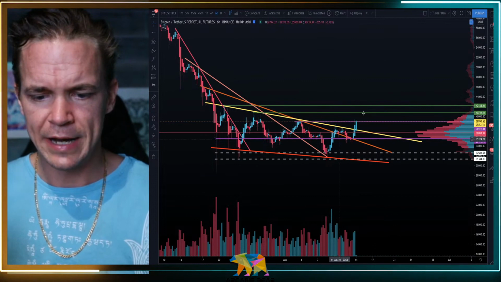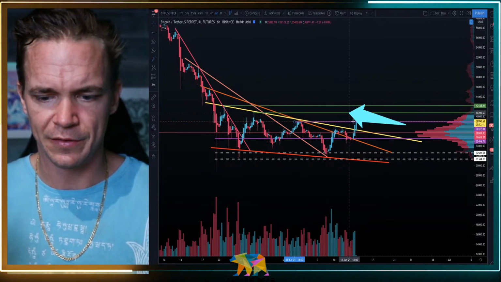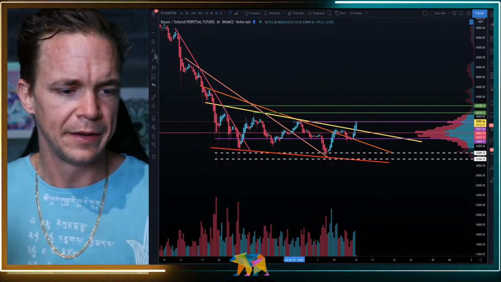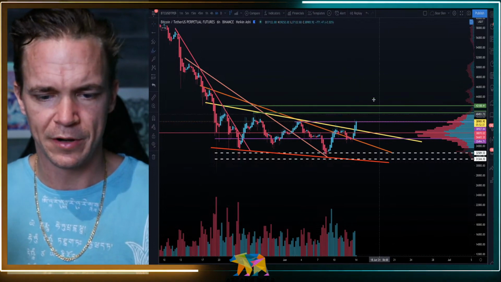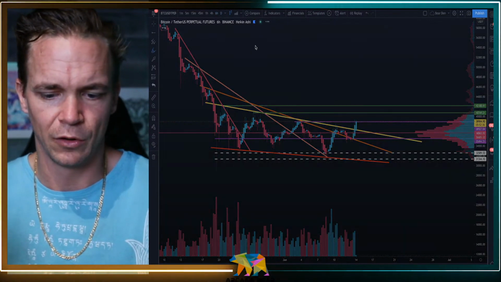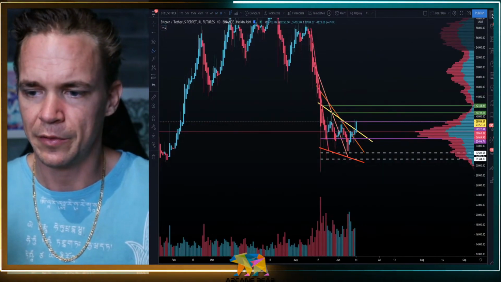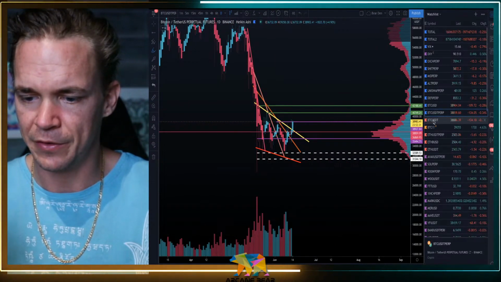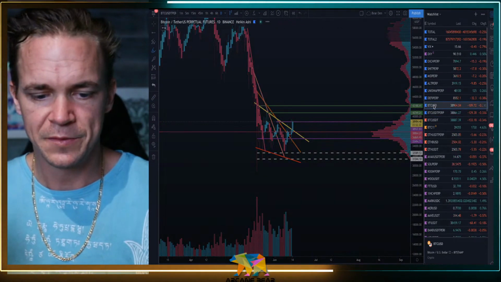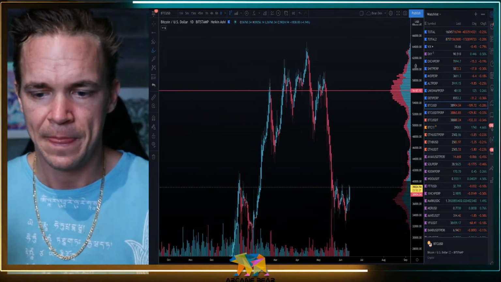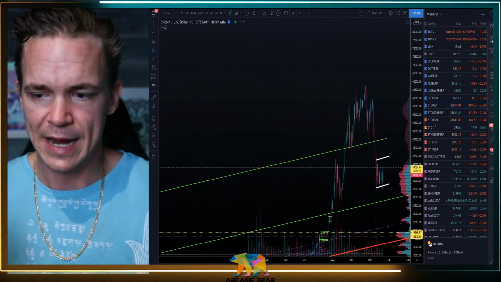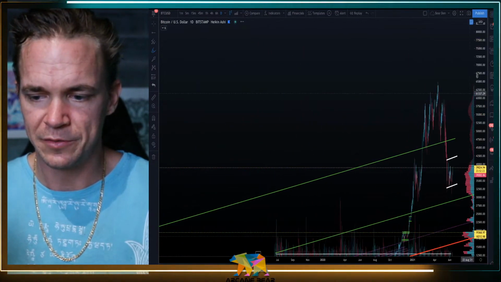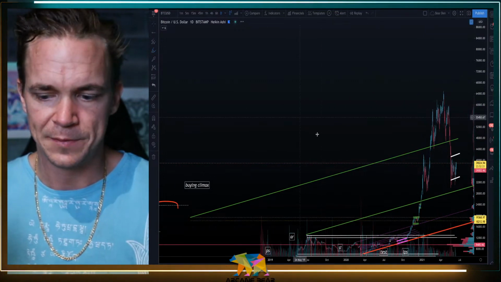So this green area here is actually the start of the top of the trading range. Now, again, this is always one of the tricky parts. It's much easier to identify long-term trading ranges. One of the reasons why we are so excited about the start of the bull market is just because of the sheer amount of time that it took to create this beautiful accumulation pattern that we were looking at and its potential.